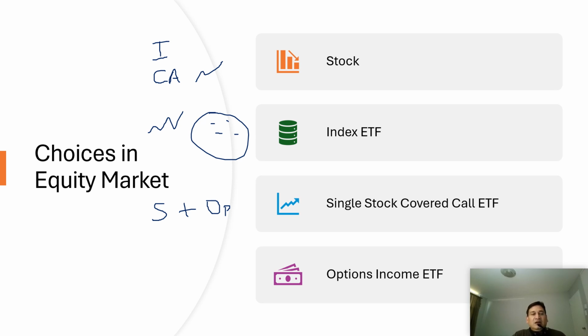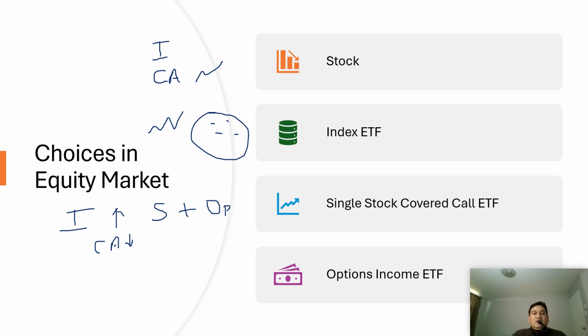However, keep in mind that in this case, your income is going to be more, but your capital appreciation is going to be less compared to the original stock, because you are doing some trading to book certain profits on a regular basis. So when there is a big rise in the price of the stock, you're not going to get the entire increase. Instead, you're selling quickly and booking your profits.